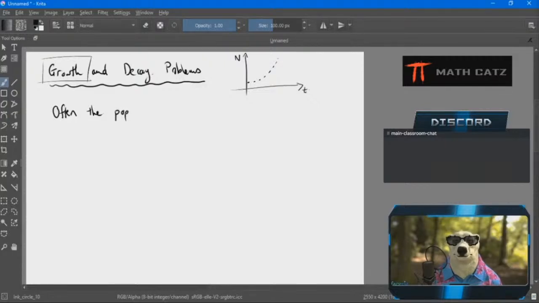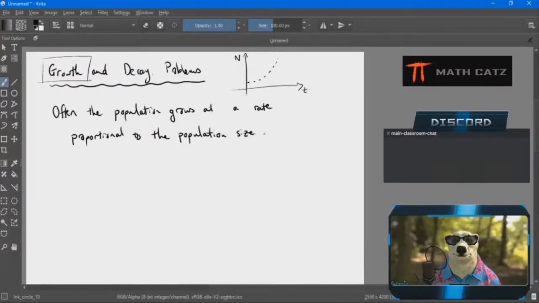The population grows at a rate proportional to the population size at that time. So what does that mean?